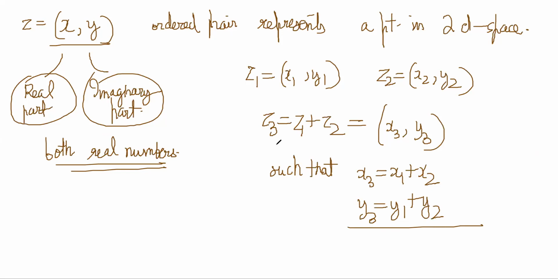You have learned addition of complex numbers, no? So z3 is the third point, which is (x1 + x2, y1 + y2). So similarly, addition is defined.